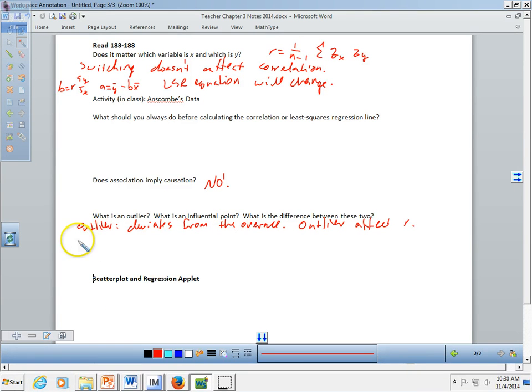What is an influential point? An influential point is any point, if removed, will markedly change your calculations.